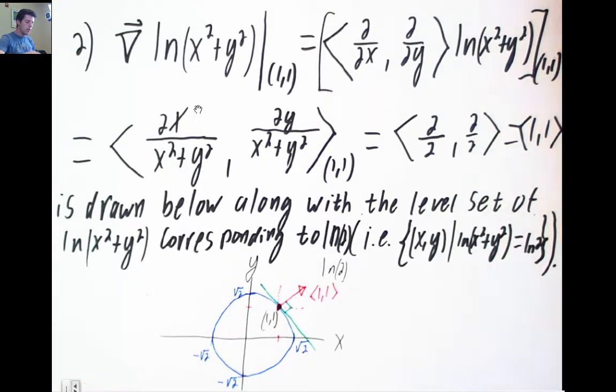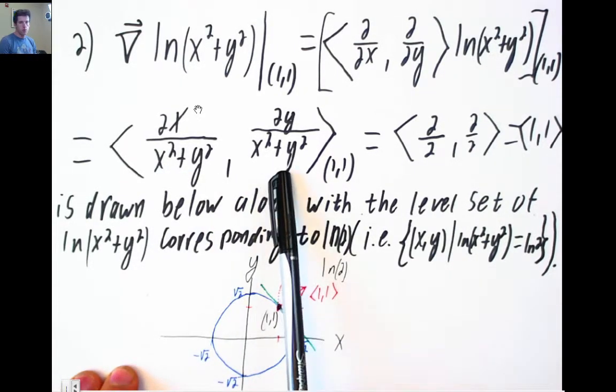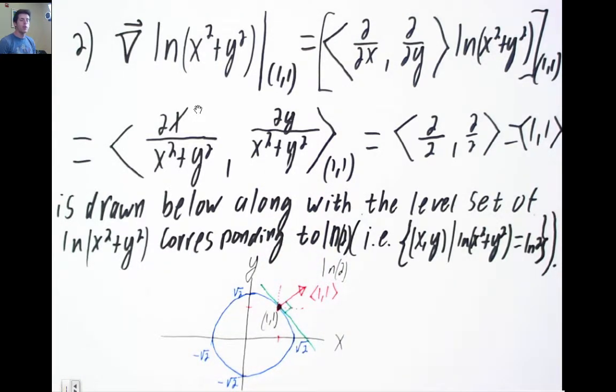Okay, so this time we see that the gradient is not a constant function. No, it changes with x and y, and you can imagine what would happen if we evaluated the gradient at other places. The direction of the gradient would change. So here, I'll get my red pen, just to be properly color-coded.